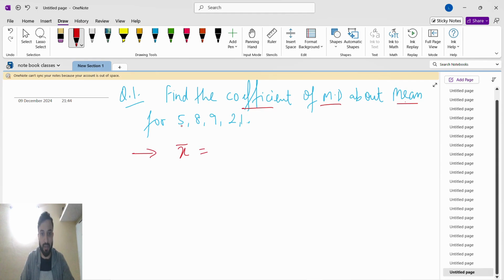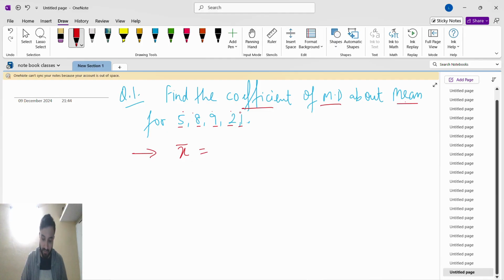The mean is the sum of all the observations divided by the total number of observations. We can do this directly in the calculator. 5 plus 8 is 13, plus 9 is 22, plus 2 is 24, plus 1 is 25.